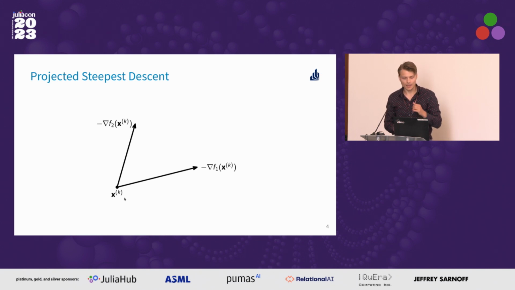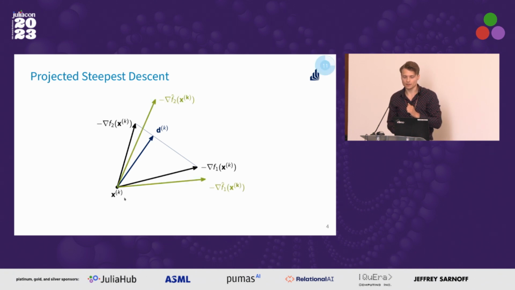So instead of taking the steepest descent direction, you can use the multi-objective steepest descent direction, which basically is a projection onto the convex set of negative gradients. Now we don't want to take the true derivatives. We use our surrogates and then get an inexact steepest descent direction.